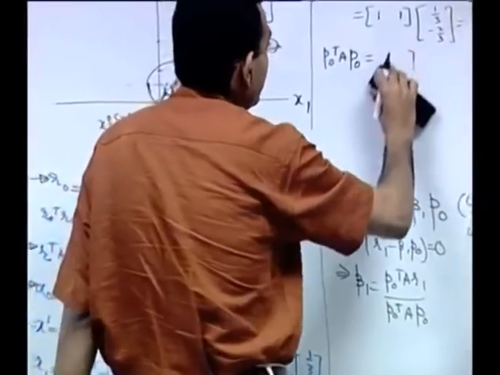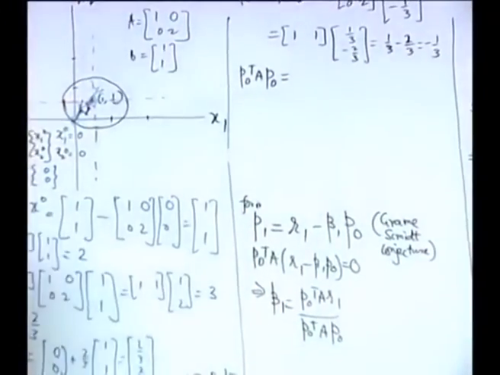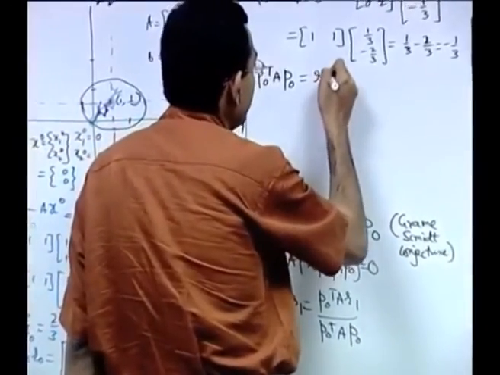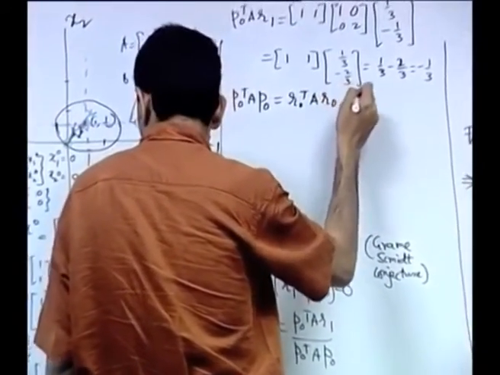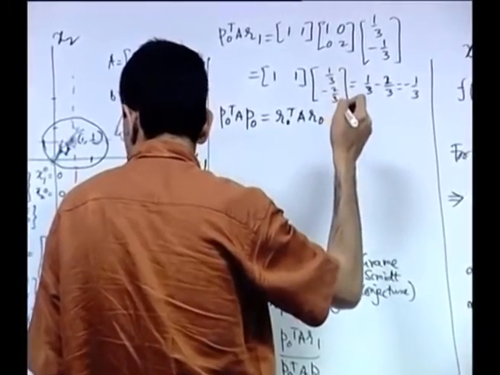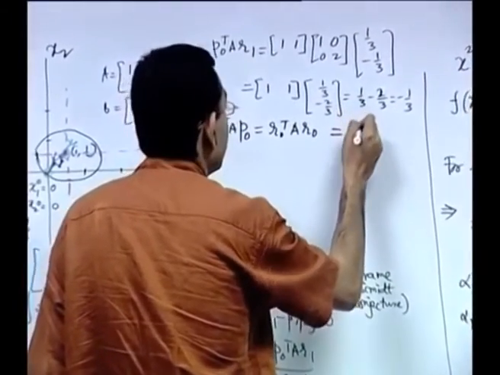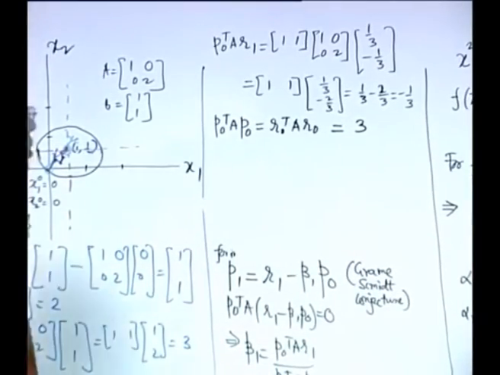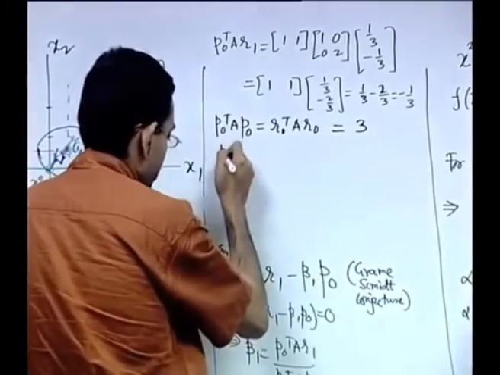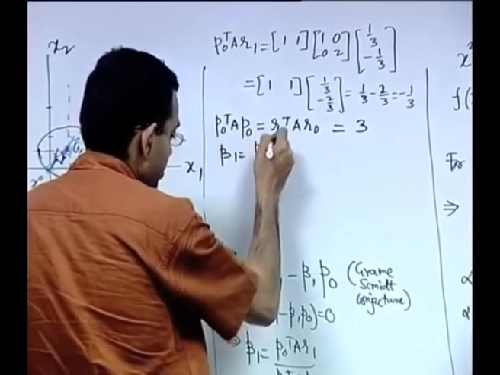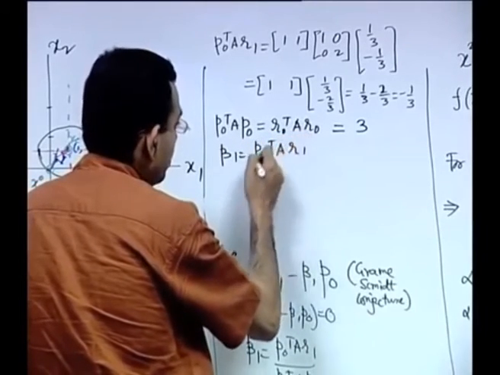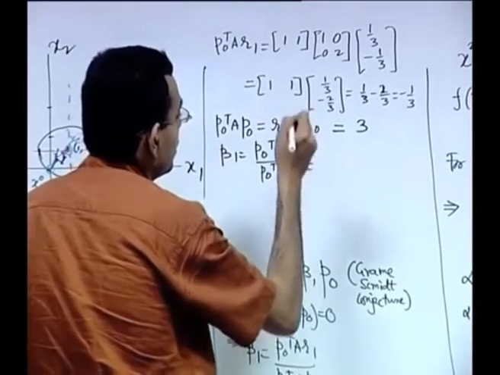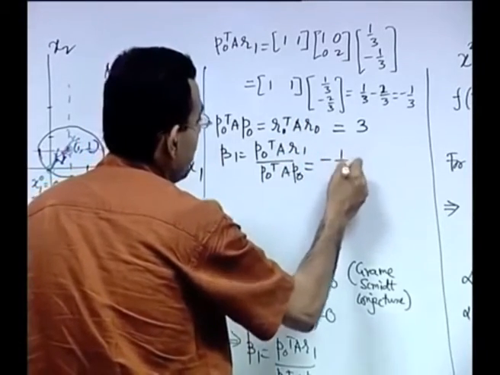So let us not waste any time calculating it. We have the result already as 3. So beta 1 is equal to P0 transpose A R1 by P0 transpose A P0, which is equal to minus 1 by 9.